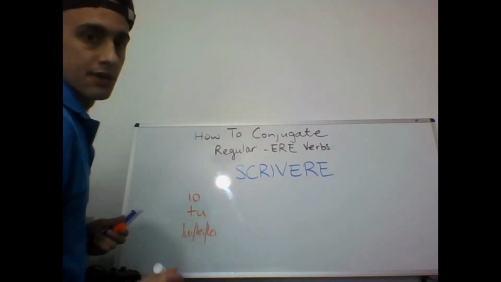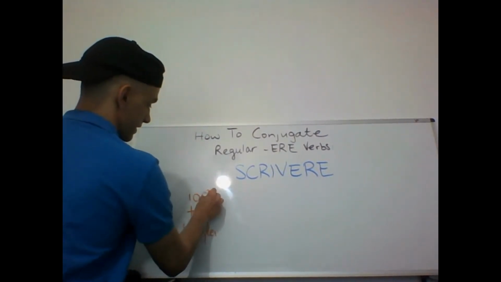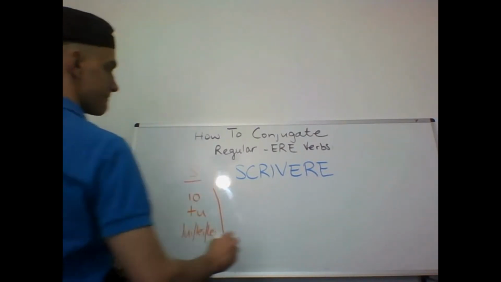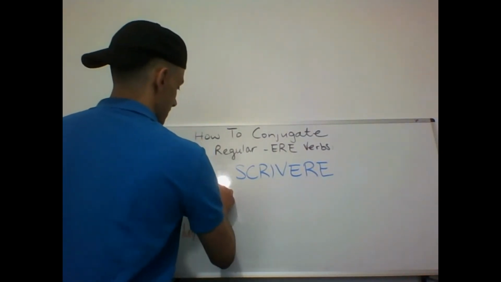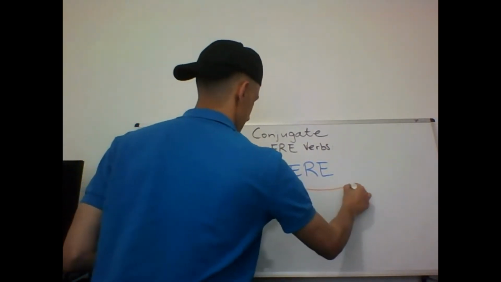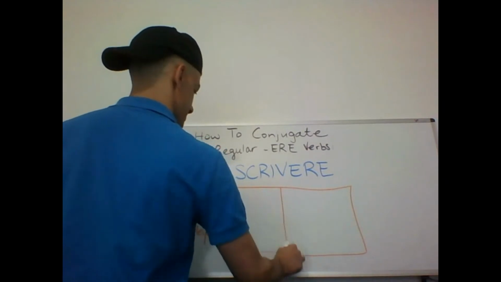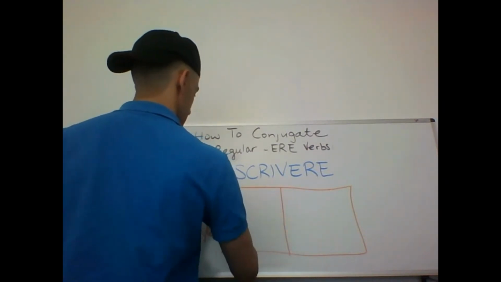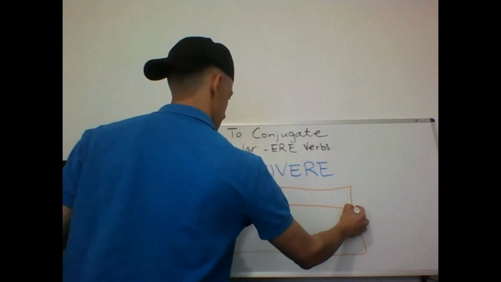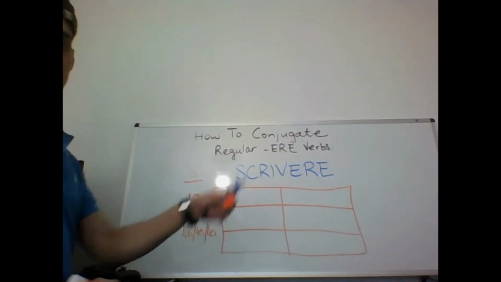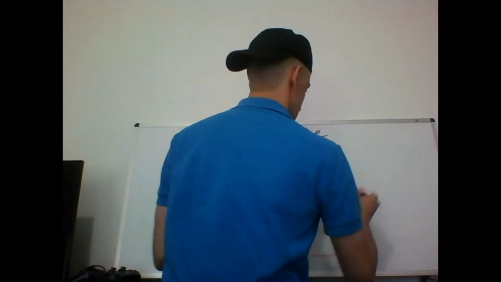Now I'm going to use a boundary, right? These are your singulars, okay? Now I'm going to have the box here, divide this. Just like that. Now I'm going to have the plural sides.